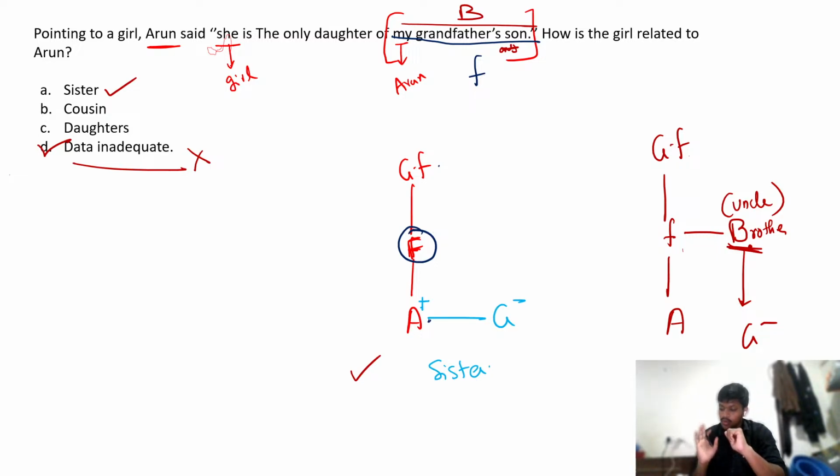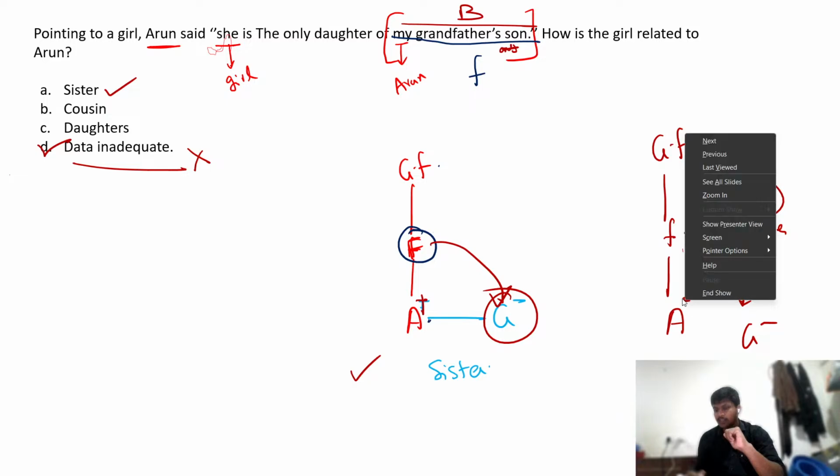No, she is the only daughter. Wait, guys. She is the only daughter means in that family she is the only girl, but there can be male persons. That's why, as this girl is the only daughter of F, I'm taking Arun as a male person. But for A, I am not taking any gender, because I don't know which gender A belongs to.